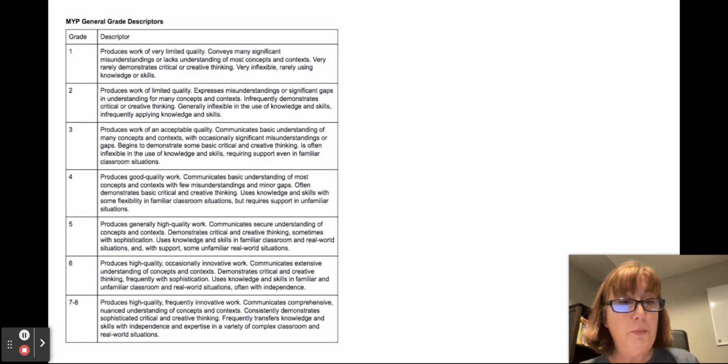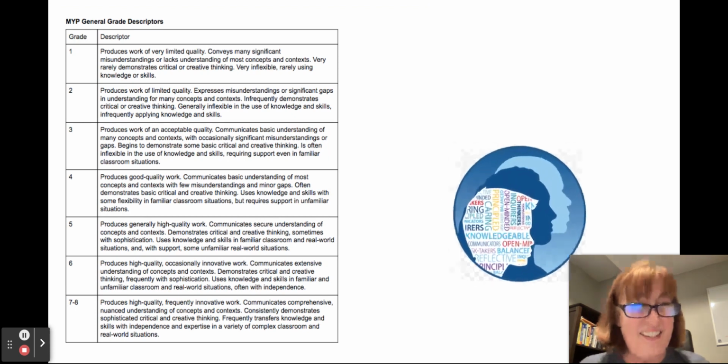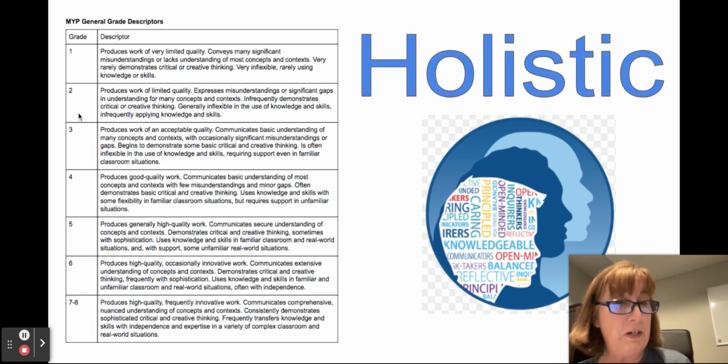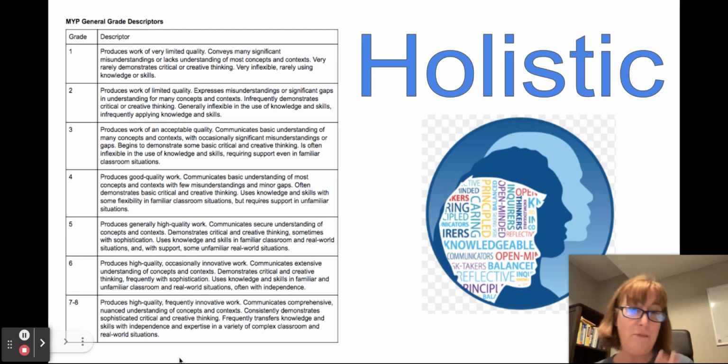So rubrics will help us assist students as they are moving from their kind of minimal understanding to being able to show what they know and use what they know to make positive changes in the world.